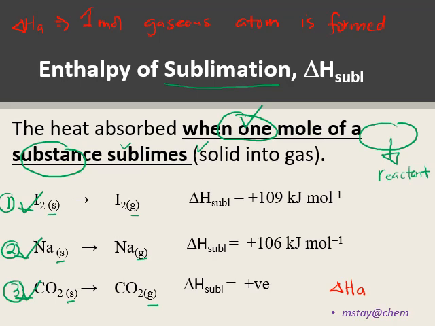In the product here, yes, all the three thermochemical equations are showing gaseous product, but here they emphasize on the atom. I2, Na, and CO2, Na is the atom. So that means the second equation fulfills both definitions, enthalpy of sublimation and also enthalpy of atomization.